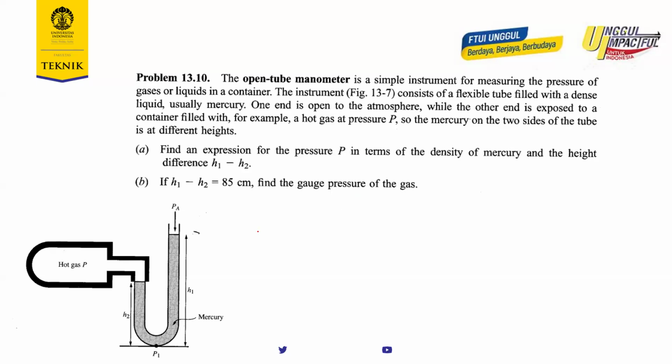Okay, so we can apply this for problem A. We know that P is equal to PA or P0 plus rho GH, right? So rho GH is equal to the difference of pressure.